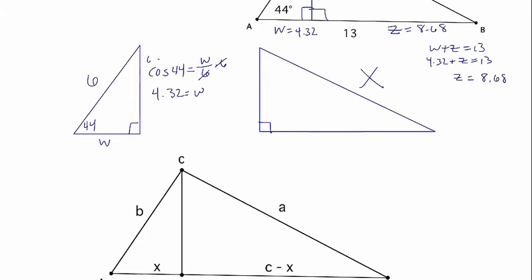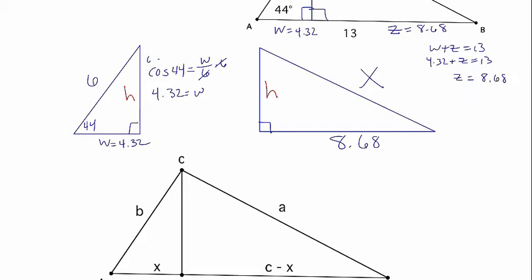Well, that is a number that I can put down here, 8.68, that will now help me find what X is. But I still don't have any angles in that triangle, so what I'm going to go back to is Pythagorean theorem. When I don't have angles, usually that's the only thing that I can do. So I'm going to do a Pythagorean theorem on this triangle on the left to find the height, and then use that height to do another Pythagorean theorem to find X.